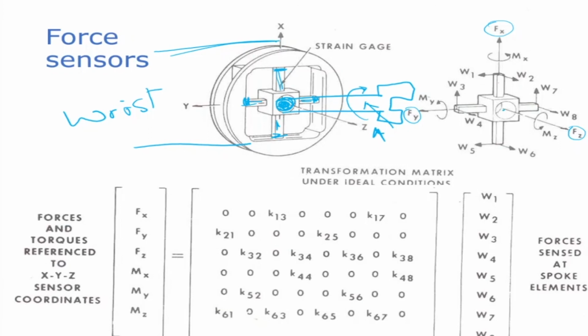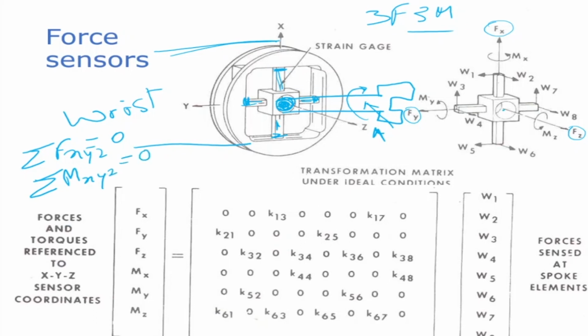Now for static equilibrium, forces are acting on each of these beams, and there can be a moment about an axis. So there is Mx here, My, Mz. We have three forces and three moments which can act there. For static equilibrium, sigma Fx, sigma Fy, and sigma Fz, all forces in the x, y, and z directions, must be 0, and all the moments Mx, My, and Mz must be equal to 0.